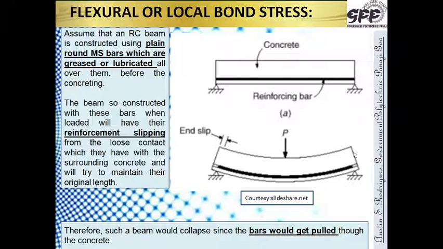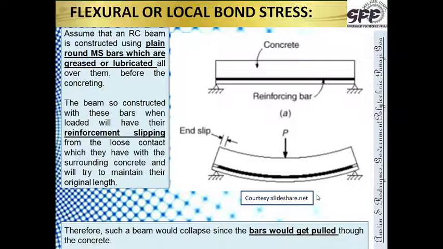The beam has bent, the bar also has bent, but it has not bent along with the beam from the ends. The bar has bent but at a different location. So one can understand that there is loose contact between this bar and the concrete.